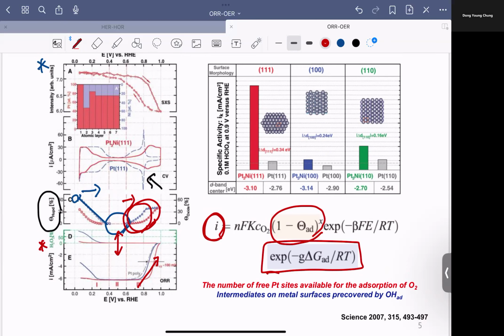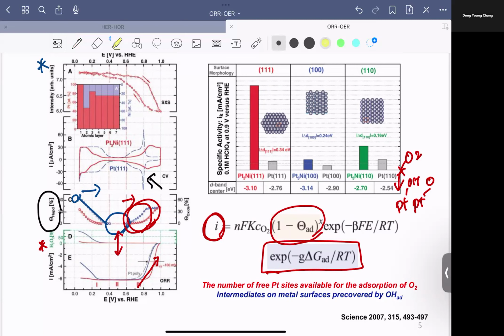So please keep in mind, where is the active site? It is the platinum, right? What about platinum OH? If the platinum is covered by OH, or covered by oxide, then there is no site for oxygen to be adsorbed on the surface, which means that not only for the energetic part, we have to think about the exposure of the active site, right?